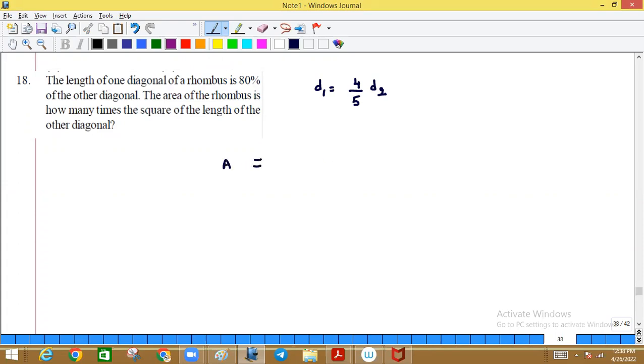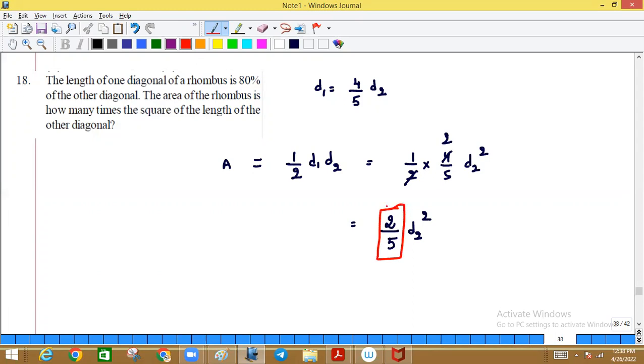For a rhombus, area is half into D1 into D2. What is D1? 4/5 of D2. So D2 square you will get. So area is equal to 2 by 5 times the square of the length of the other diagonal. So how many times the square of the other diagonal is it? 2 by 5 times the square of the other diagonal.